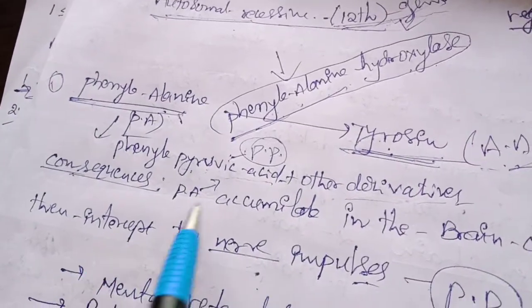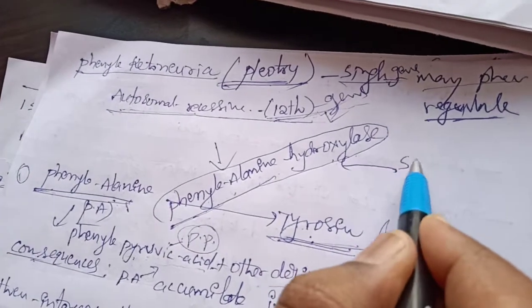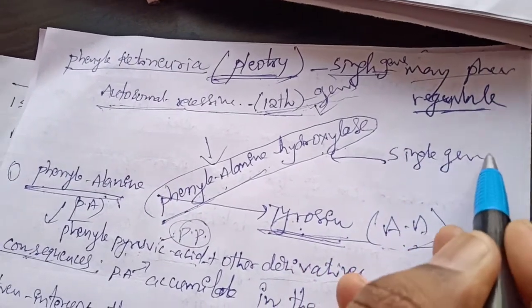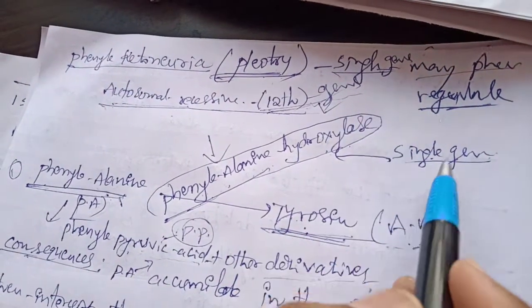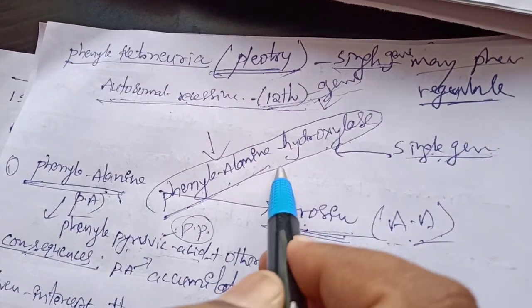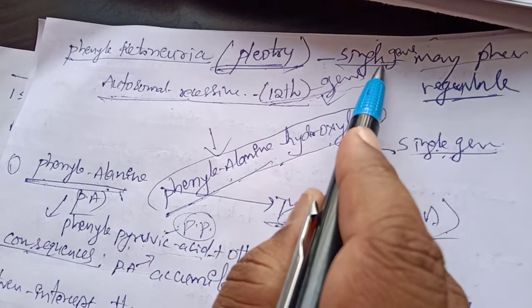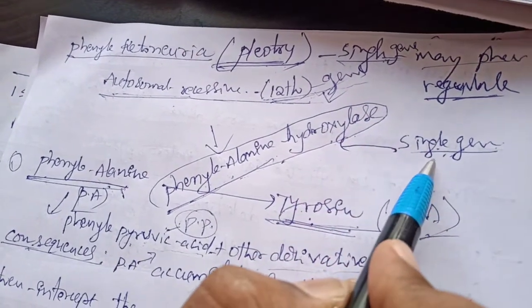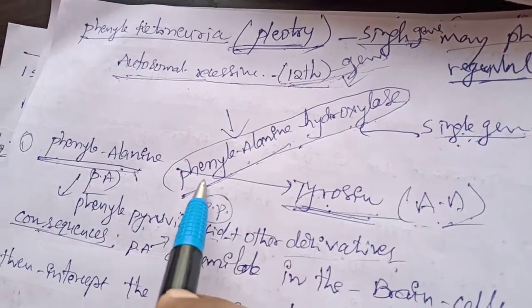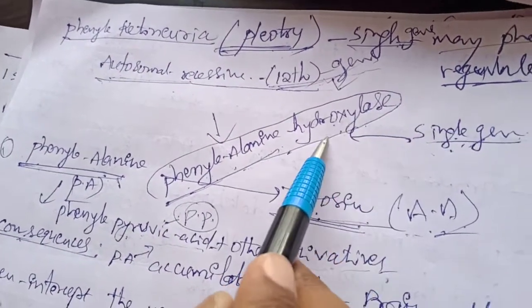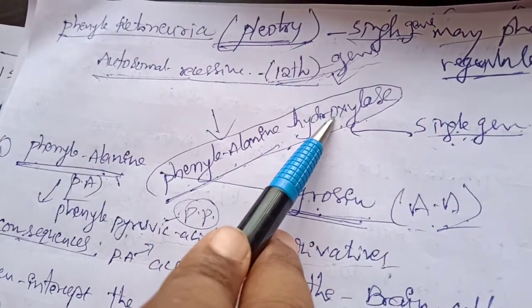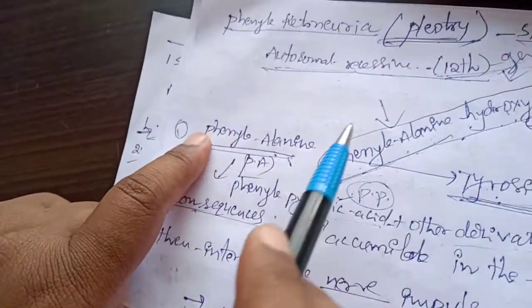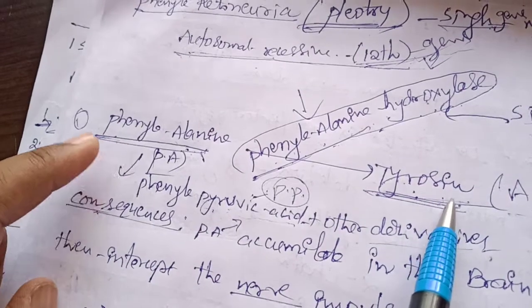Because of the single gene effect, this gene, which produces phenylalanine hydroxylase, is not produced. If the gene is not produced, the enzyme is not produced, so phenylalanine is not converted into tyrosine.